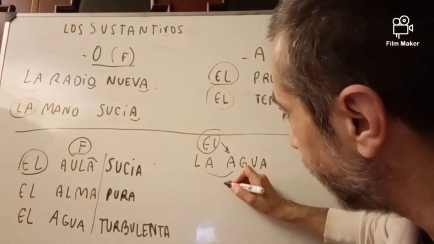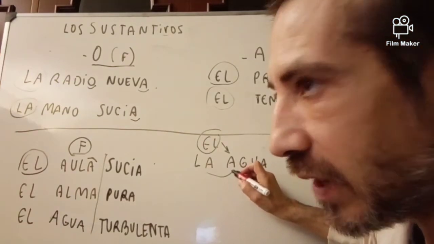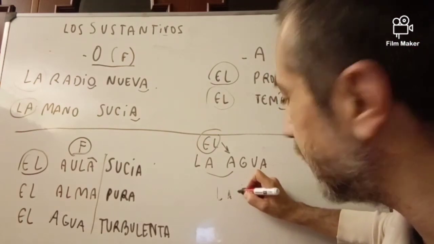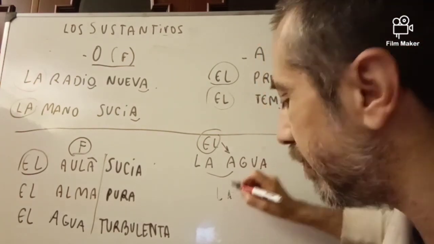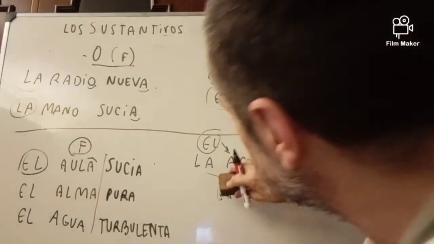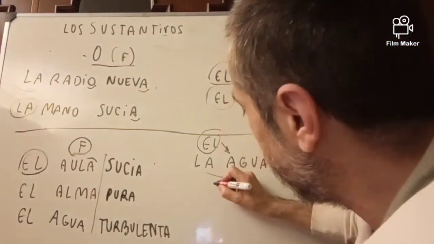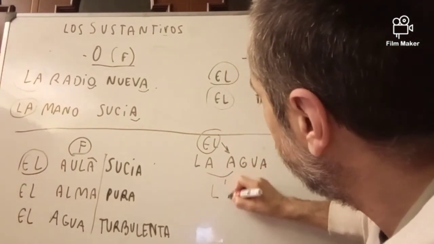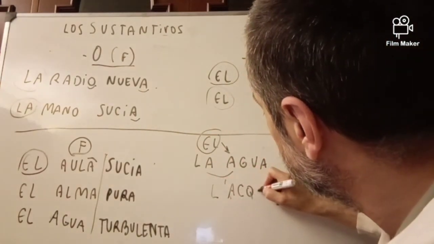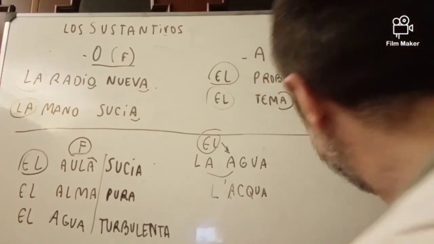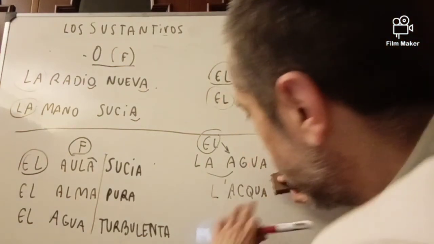But in Italian, for example, acqua is feminine, and it's la acqua, but they contract it to avoid that. We could do the same, but we don't. I don't know why. And they say l'acqua. In Spanish, we don't do this.